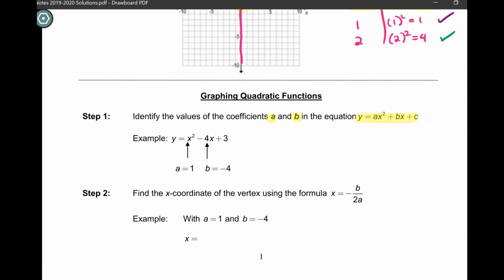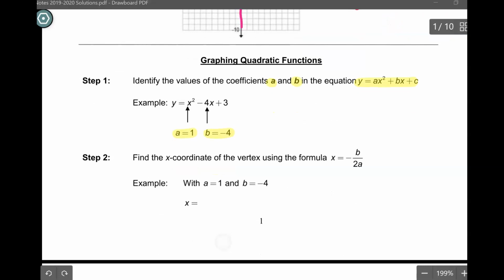So the way we find the vertex is we have to identify the values of a and b. So here's an example, x squared minus 4x plus 3. If there's nothing in front, that means that coefficient a is a 1. And a is always what's in front of x squared, b is always what's in front of x.